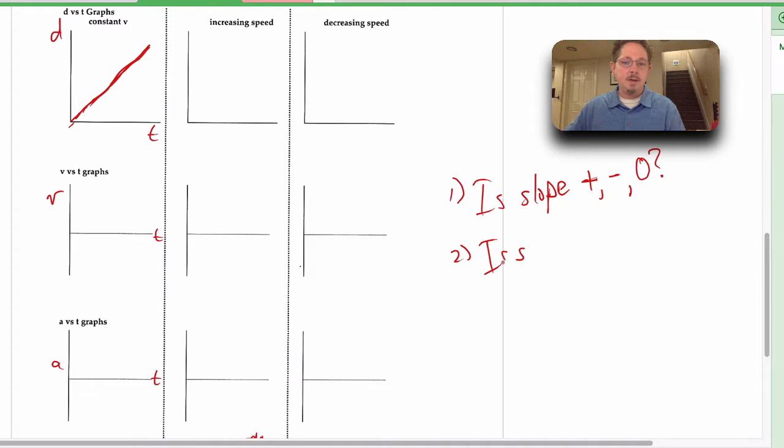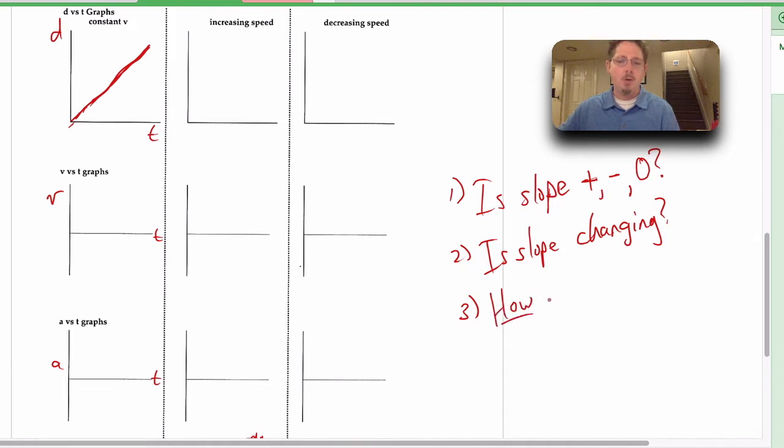Second, is my slope changing? And third, when we get into accelerated motions, if it is changing, how is the slope changing?